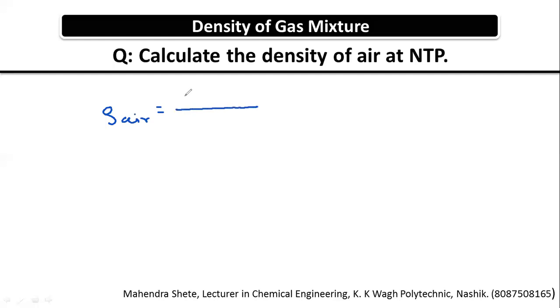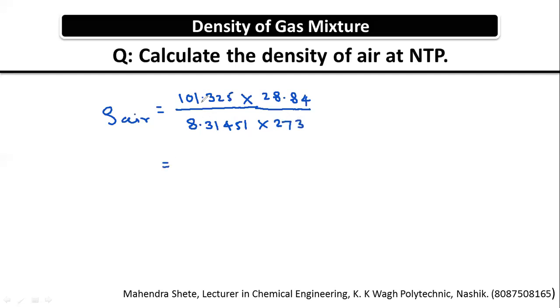So pressure at NTP is 101.325 kPa, and the calculated average molecular weight is 28.84. Then R, the universal gas constant, is 8.31451, into temperature at NTP, which is 273.